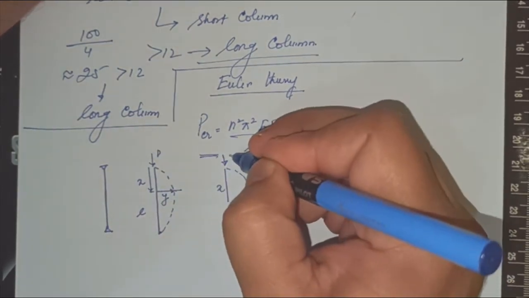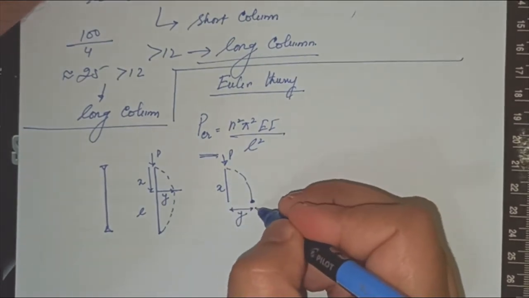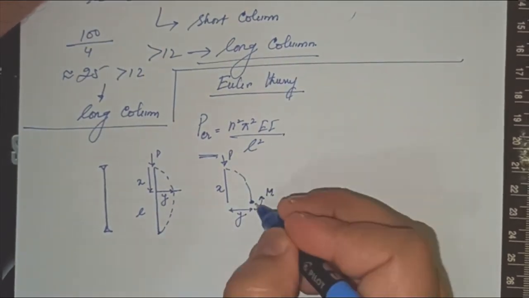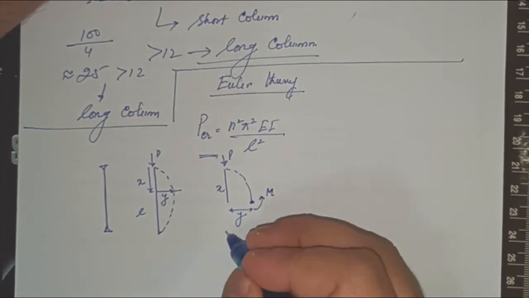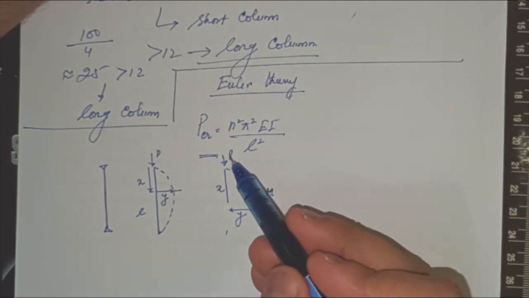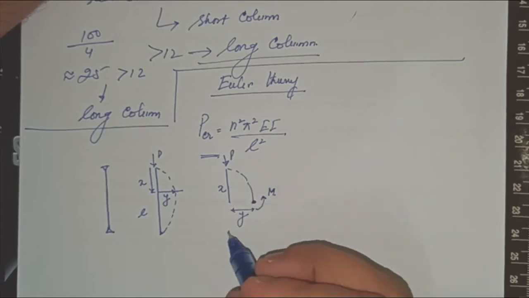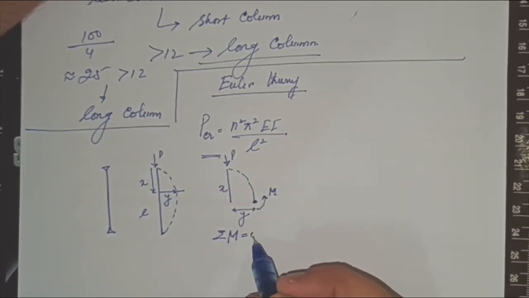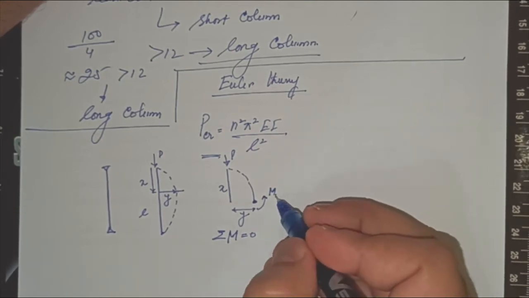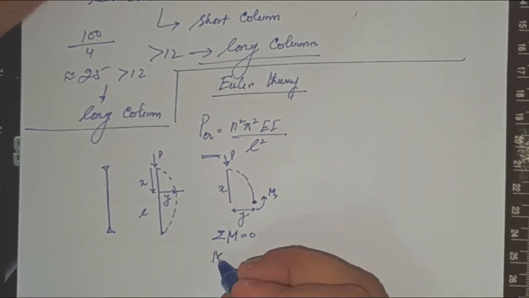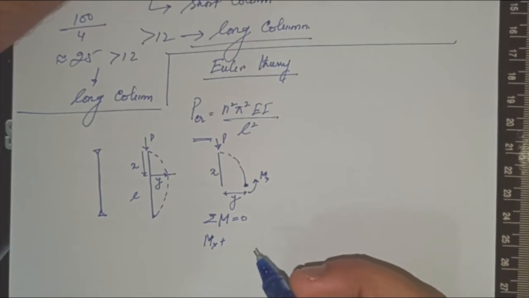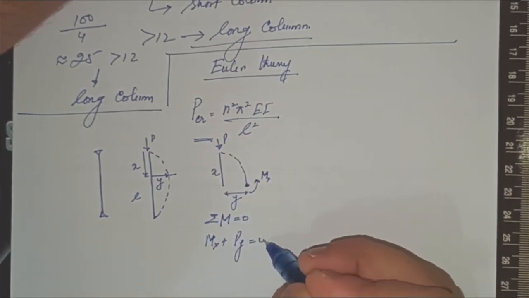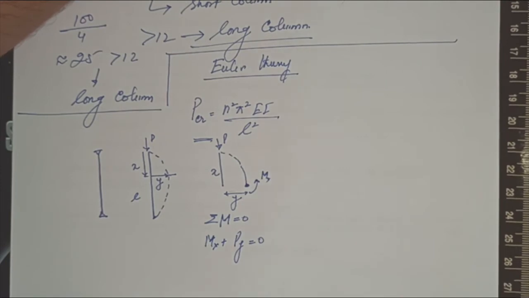So at this load P, there will be a moment existing, M, an anti-clockwise moment, and then there is a moment occurring because of this load also. The summation of all the moments must be equal to 0. So your moment Mx, let's say, plus P times y will be equal to 0.